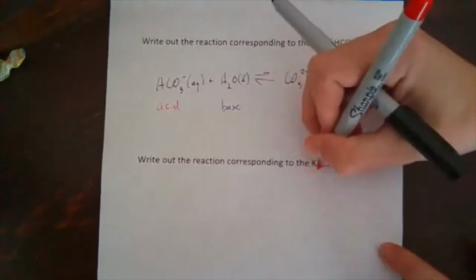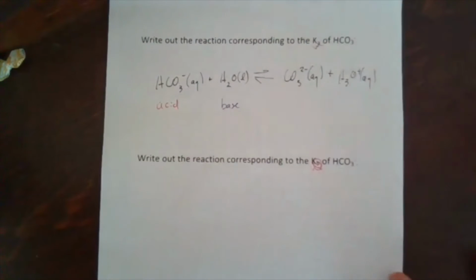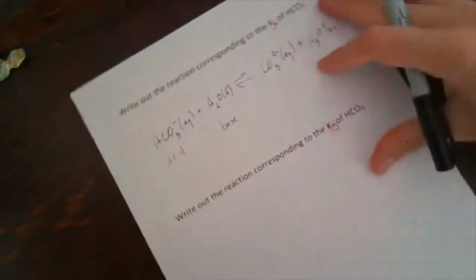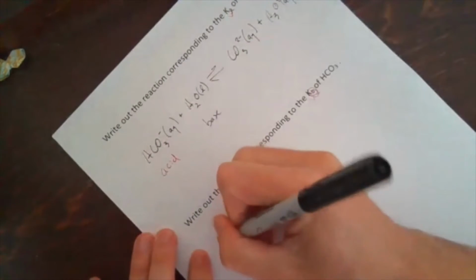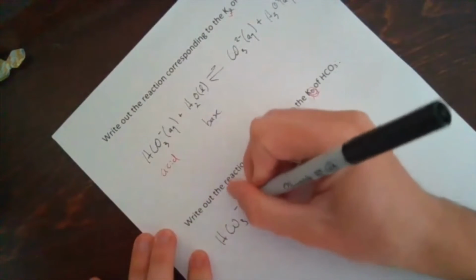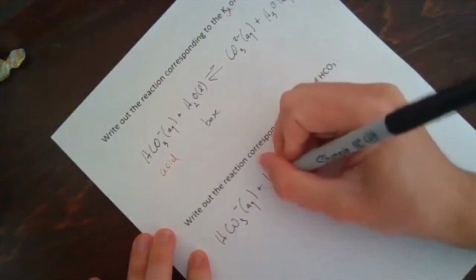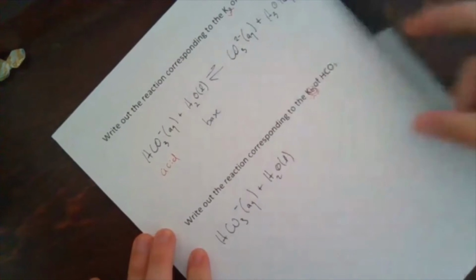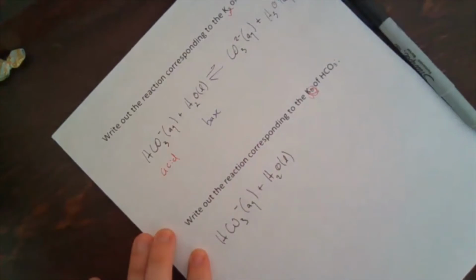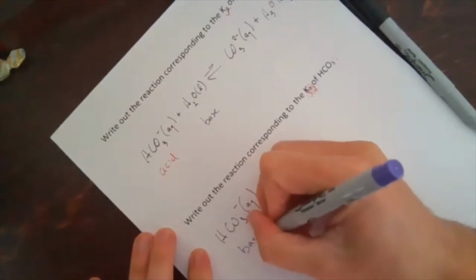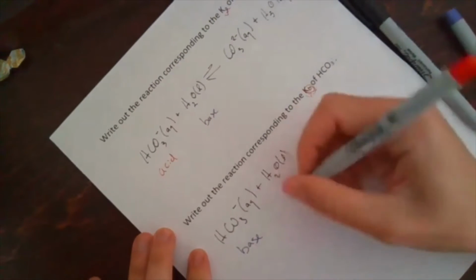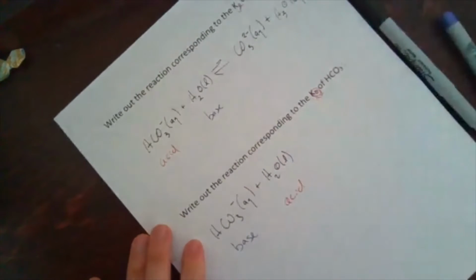So then we can similarly define Kb, where it's the same idea, but instead of behaving as an acid, the molecule you specify, HCO3 minus in this case, is going to behave as the base. So the HCO3 minus is going to be the base, and H2O is going to be the acid.